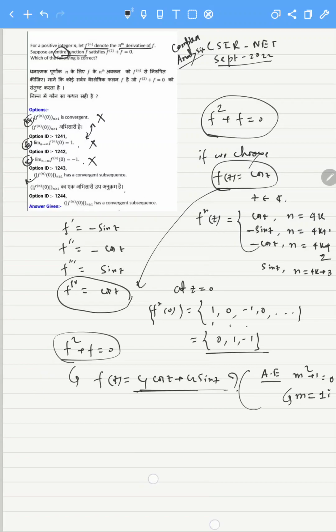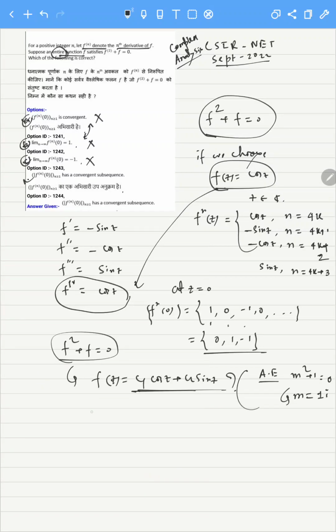Similarly, if we differentiate f n times, it is some linear combination of cos z and sin z, right? Because we differentiate f n times, cos z will be differentiated n times, sin z also going to be differentiated n times.